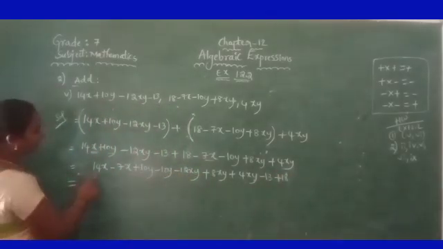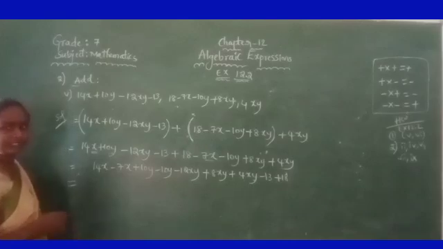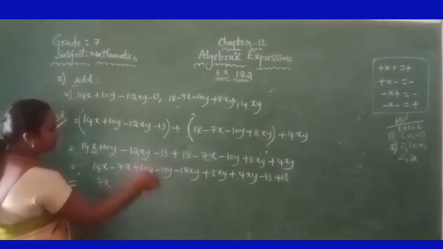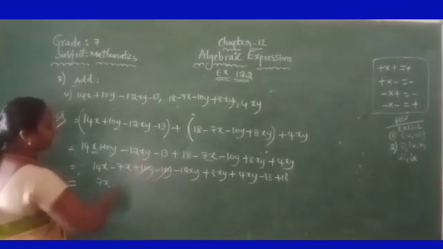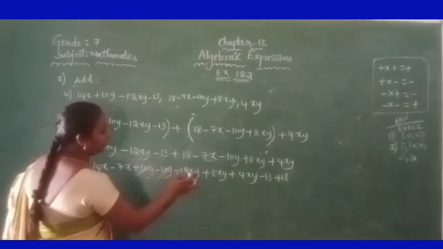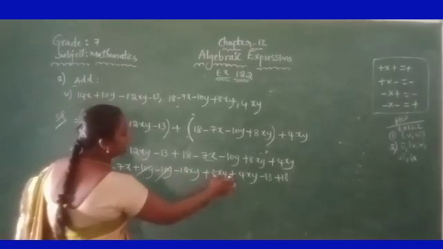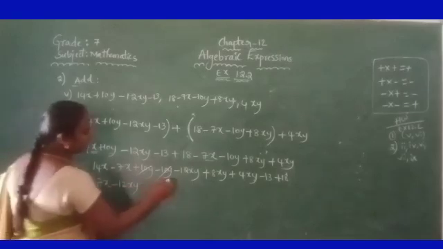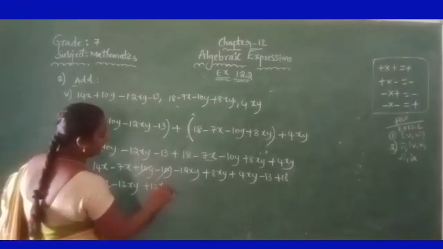So 14x minus 7x, remaining 7x. Plus 10y minus 10y cancel. Okay. Minus 12xy plus 8 plus 4, how much? That is 12xy, so minus 12xy plus 12xy.